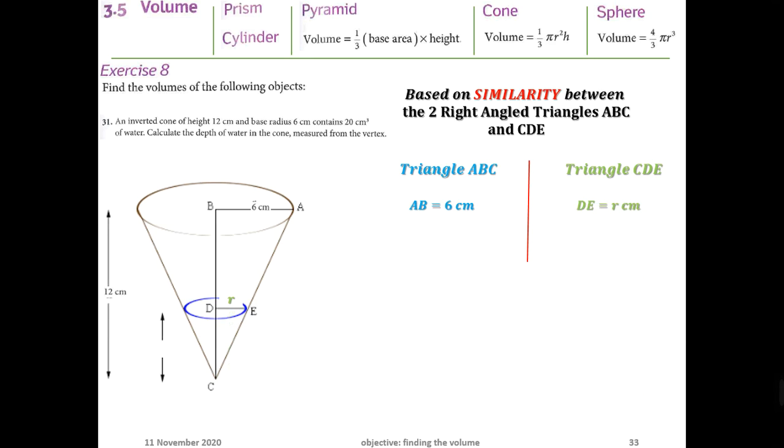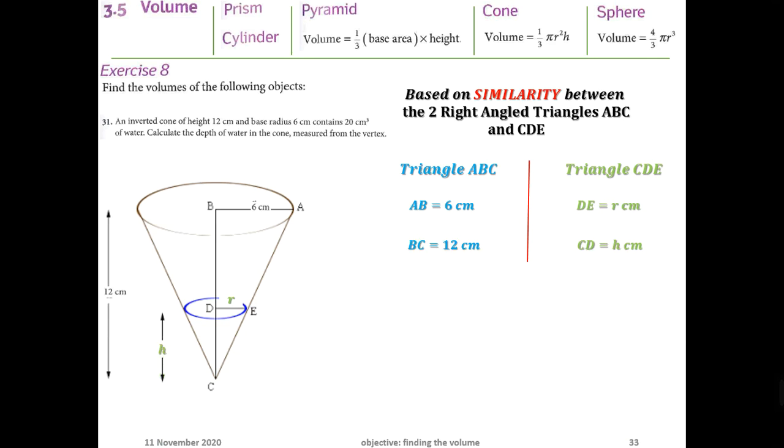It is easier to deal with the unknown using one letter than using DE. And side BC, which is the height in the big triangle, equal to 12, has the similar side in triangle CDE, side CD, which is equal to H. So we're going to give it one letter as H.